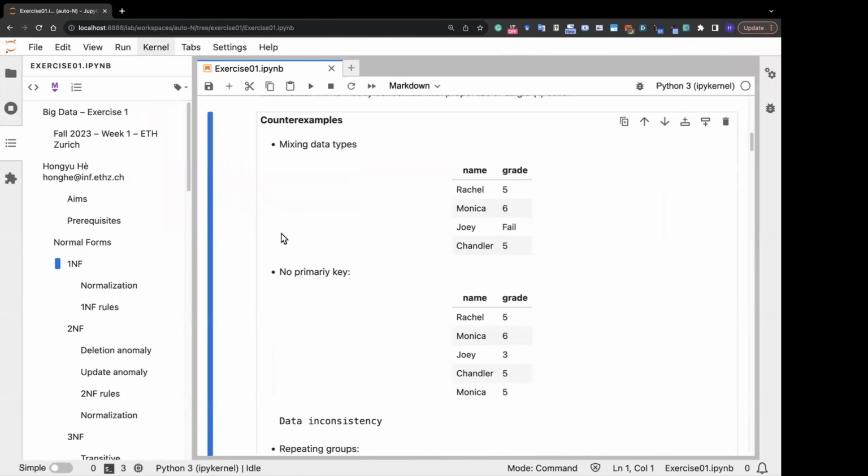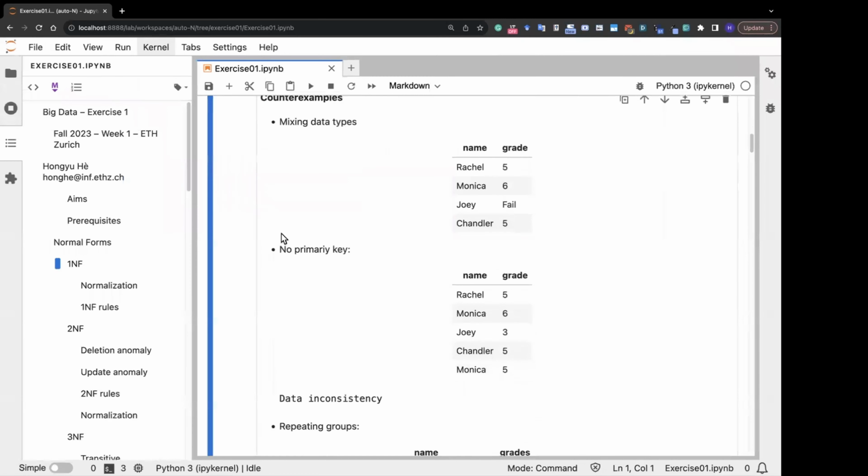Mixing data types in one cell is not allowed, for example Rachel, Monica from France, and Phil. Also, you can't have a table without a primary key. In this case you could have two Monicas with the same grades, which is a typical example of data inconsistency.